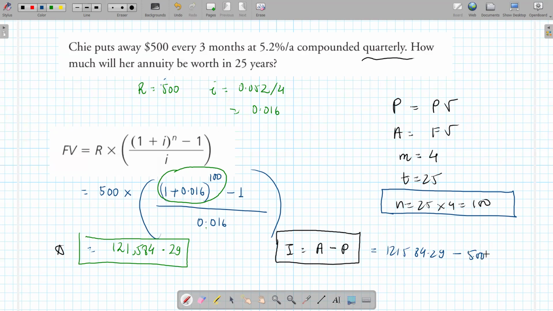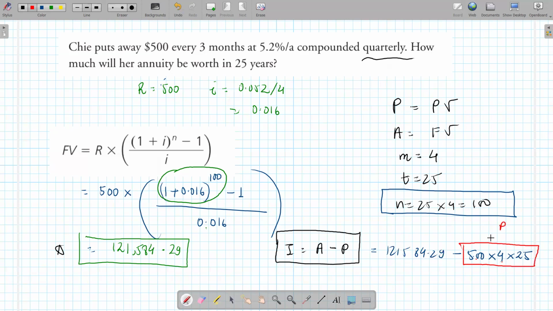What we do is we subtract from 121, your final amount, that remains unchanged, but your principal, you're depositing 500 times how many times a year? 4 times a year, because it's quarterly. So 500 times 4, for how many years? 25 years. There we go. So this is the flat amount of money that you've put in over a period of 25 years.